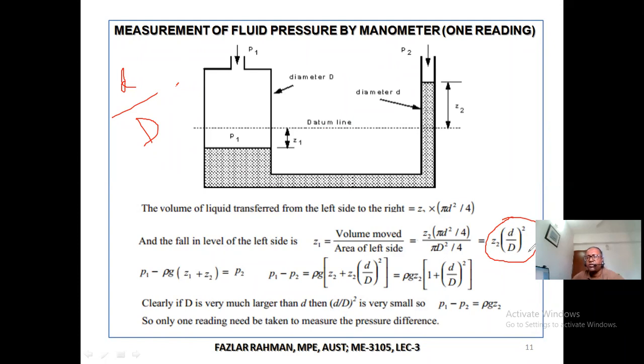But right now we are not applying that rule. We are saying Z1 will be this much, d by D whole square into Z2. Now we'll apply the pressure. We'll figure out the value of P2, how we can figure out the pressure.